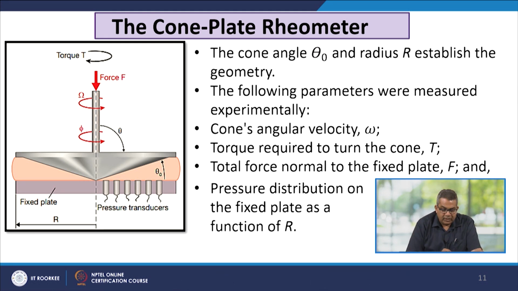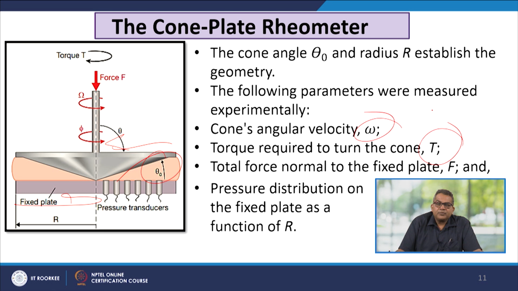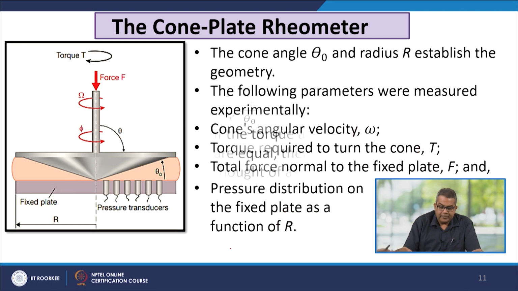The cone angle theta naught and the radius R establish the geometry. Now, different parameters are measured in the experiment, like the cone angular velocity, the torque required to turn the cone T, tau, the total force normal to the fixed plate F, and the pressure distribution on the fixed plate as a function of R.